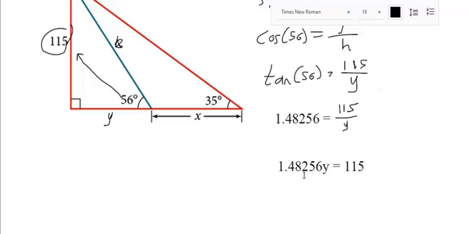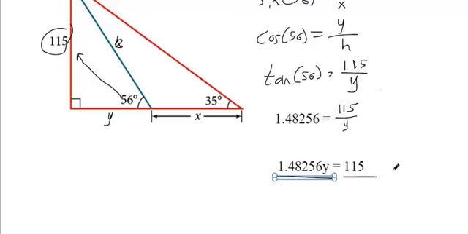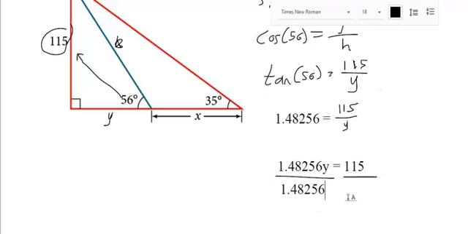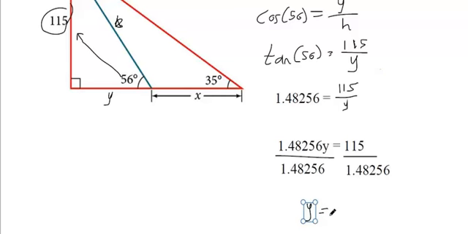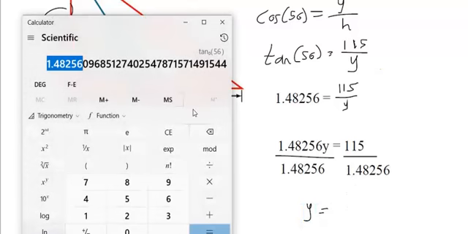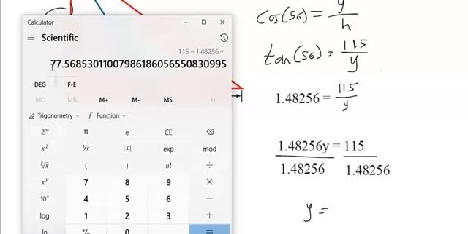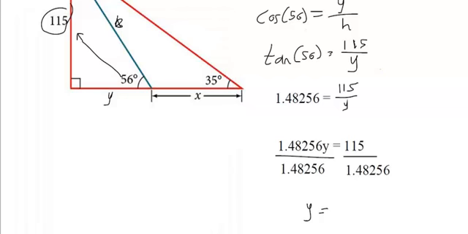And then to finish getting y by itself, I've got to do the opposite of multiplying by 1.486, and so on. So I've got to divide that from both sides. So when I do that, I've got 115 divided by that big long decimal. So 77.57. So that's our y value.